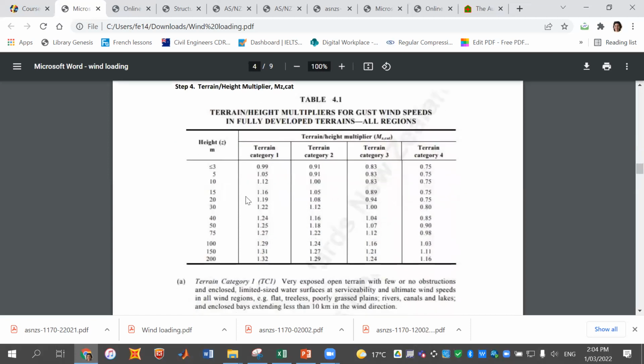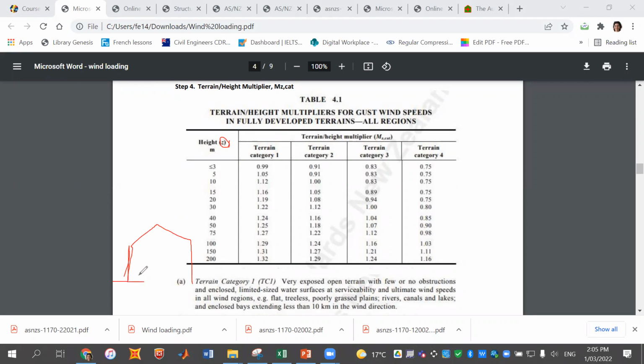It depends on the height of your building. So based on the height that you chose, for wind load, if I want to draw here, if you consider this is your building, the height, which is Z, is calculated from the base, which is on top of the floor.